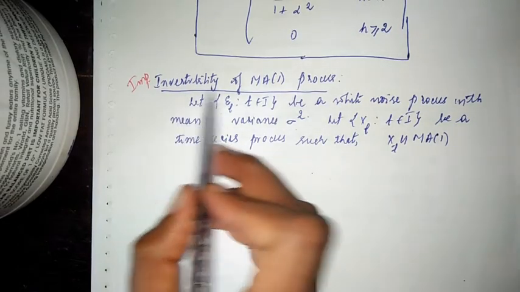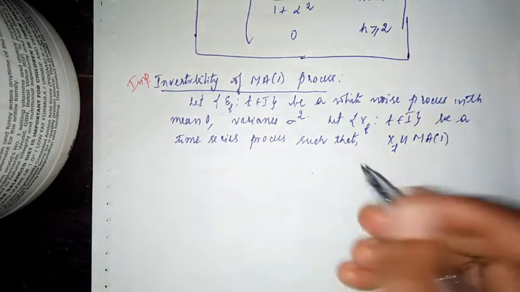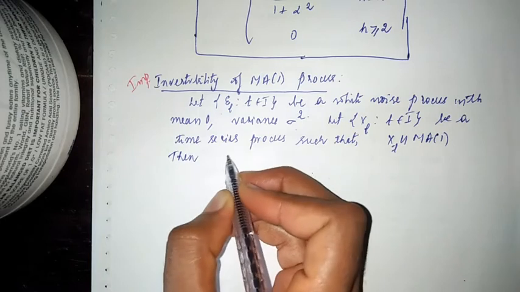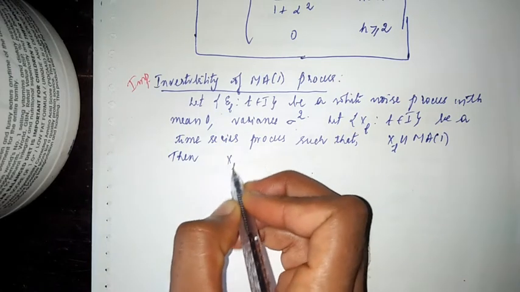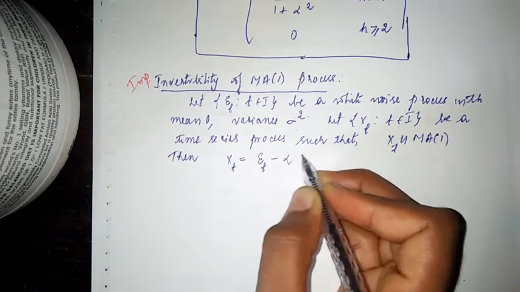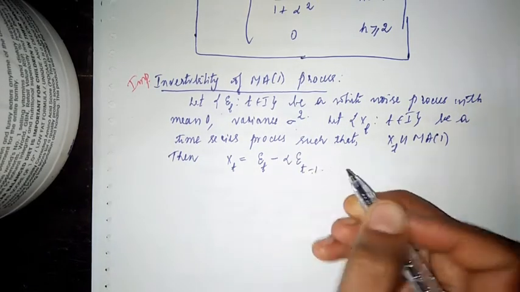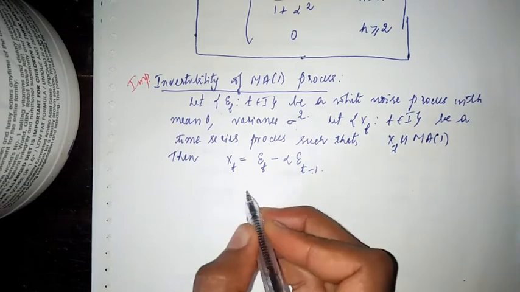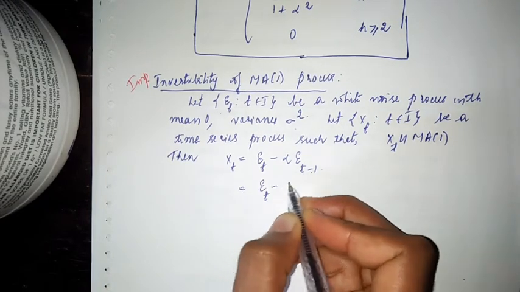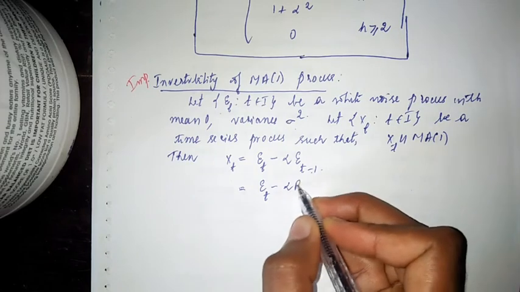So whenever we are proving invertibility, we take the negative coefficients in the model, right? Then xt also has a representation. So what is the representation? It is epsilon t minus alpha epsilon t minus 1. So we take this representation. So we can write it using a backward shift operator, epsilon t minus alpha, one step back from epsilon t.